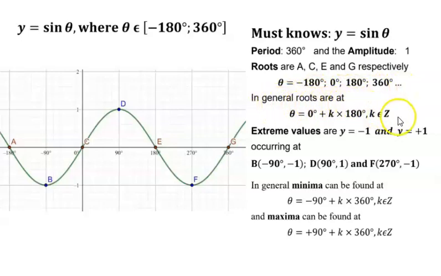In the general formula, I like to write a 0 plus to give me a starting position, but you can leave it out because it doesn't matter if I add 0 or not. And here's just a summary of where the extreme values occur. The minimum at B with its coordinates, and the minimum at F with its coordinates, and the maximum at 90 with its coordinates. You're welcome to work through this must-know sheet and print it for yourself.